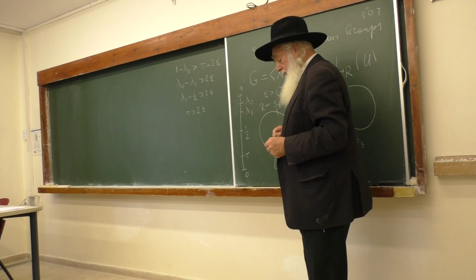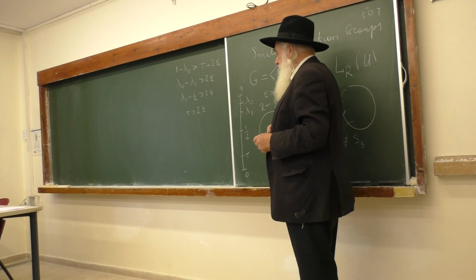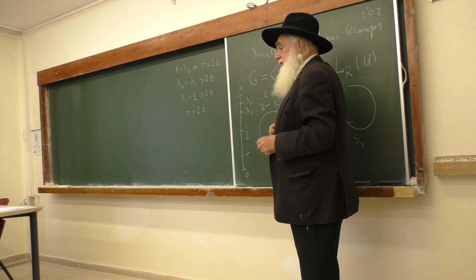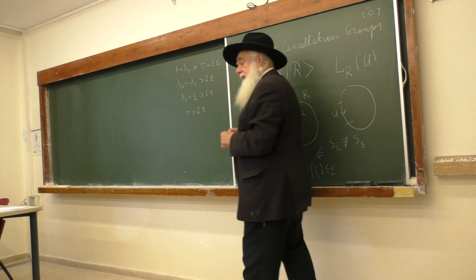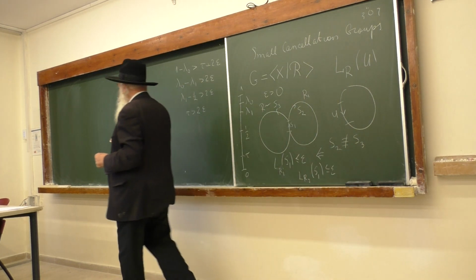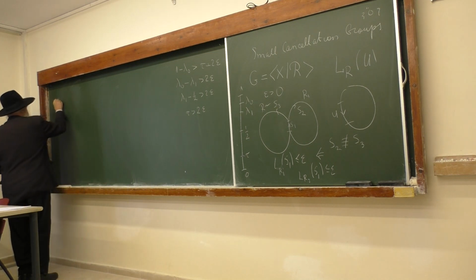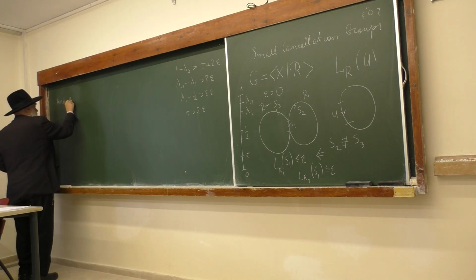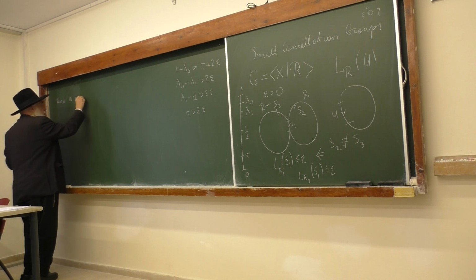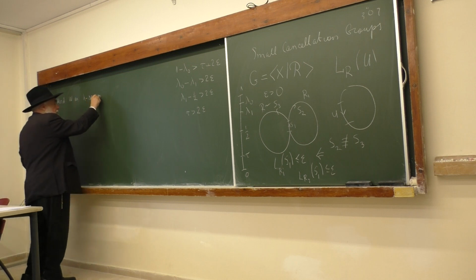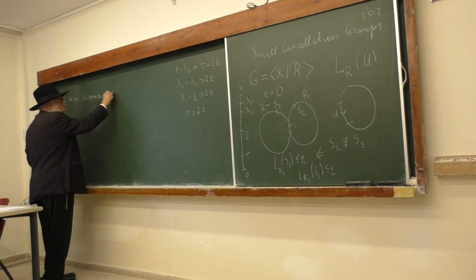Now we introduce the class of lambda semi-canonical words. The word W is lambda semi-canonical.